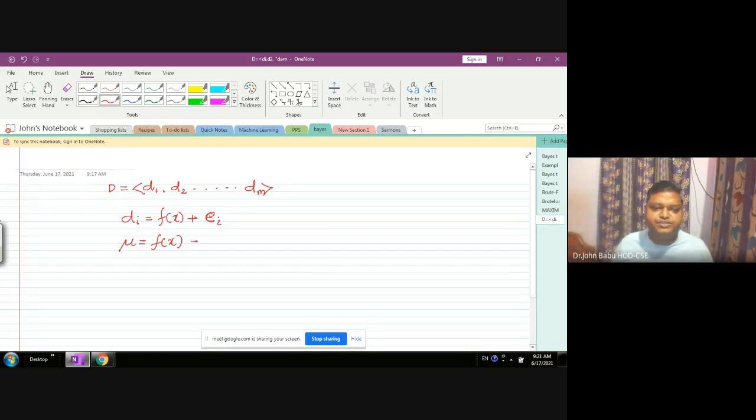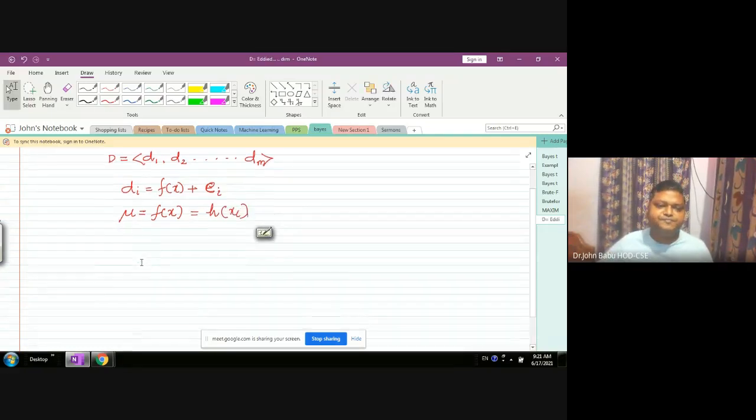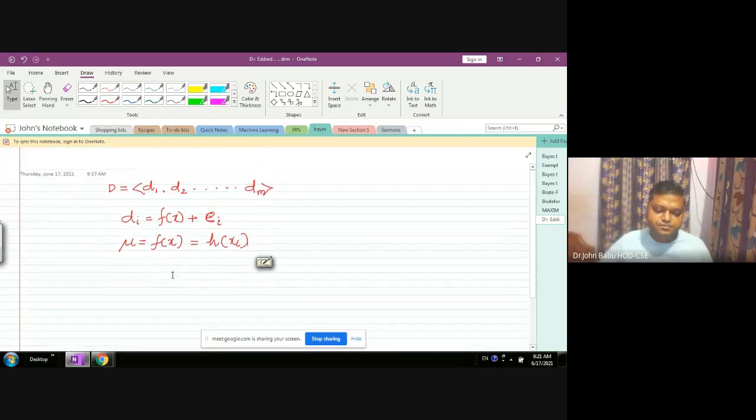In other words, in our problem, it is h of xi, hypothesis of xi. And based on this, we started our derivation for likelihood.